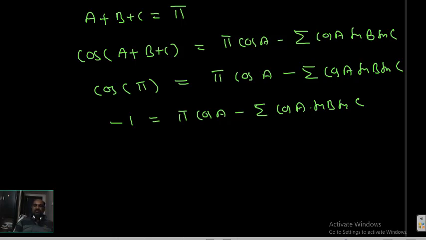This one I want. So sigma cos A into sin B into sin C equal to pi cos A plus 1. Okay.